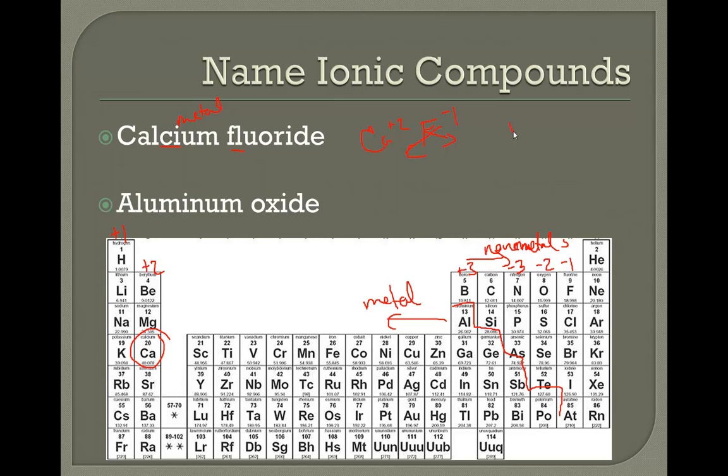Crisscross down, CaF2. Aluminum oxide. Aluminum is here with a +3 charge. And oxide is here, oxygen, with a -2 charge. Al2O3. Both of those are already reduced, so I don't have to go any further.